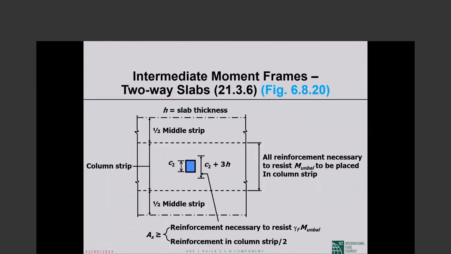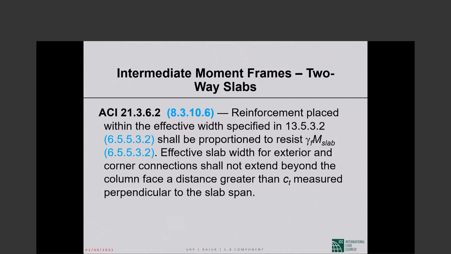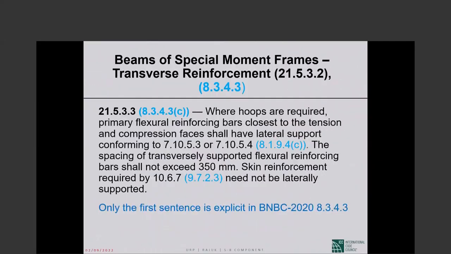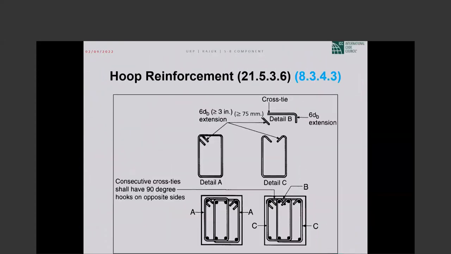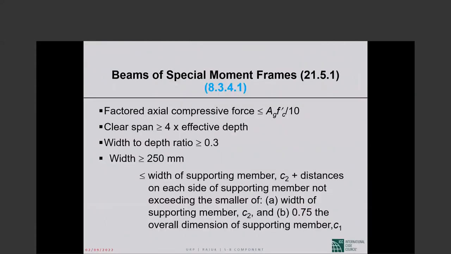There is no explicit minimum depth, but I want to go to here. Okay, so the width to depth ratio of the beam is larger than or equal to 0.3. Does that tell you anything?